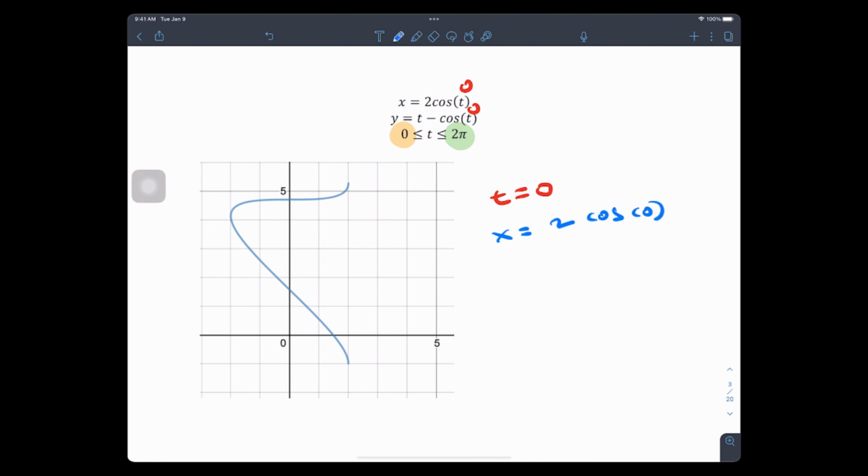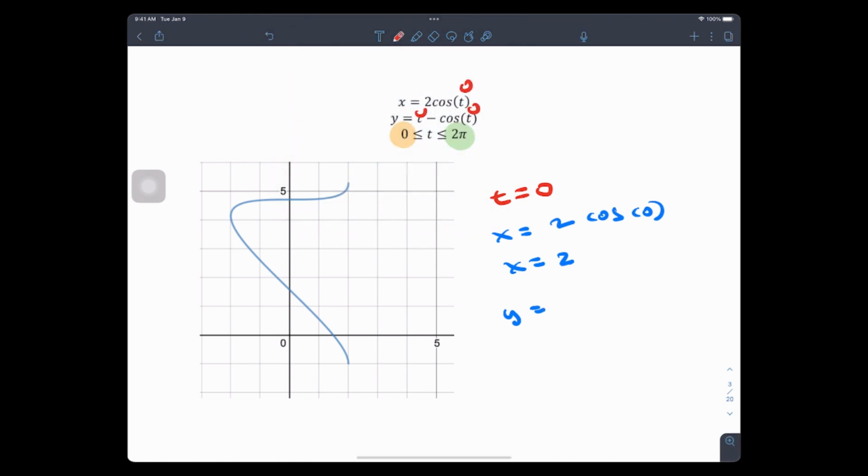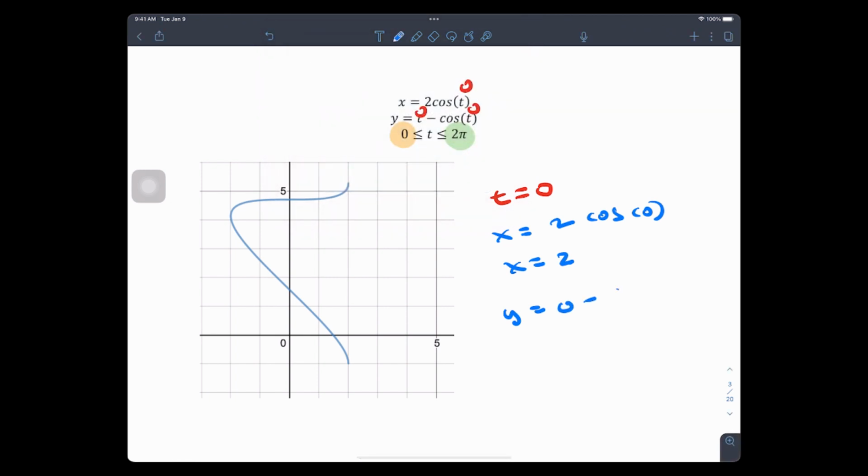Isn't that 2? So it's kind of simple in a way. Well, what's the y value then? We get 0 minus cosine of 0, and you're right. Looks like y is negative 1. So the x coordinate is 2, and the y coordinate is, this is the coordinate, 2, 1.